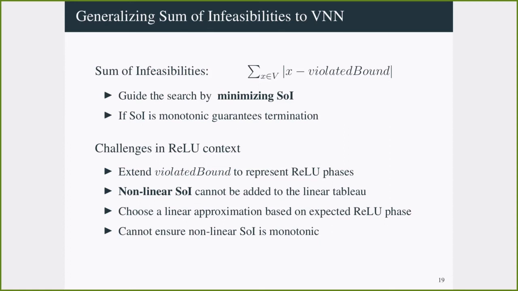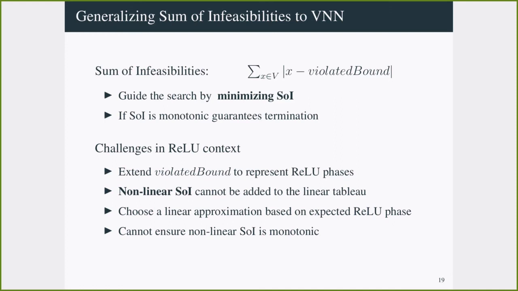We can sum the difference between the variable assignment and the violated bound to obtain an error function, which can then be added to the tableau. Minimizing the SOI represents an effective search strategy for linear problems, because once the sum reaches 0, it actually means that every variable is within its bounds, which indicates a satisfying assignment.